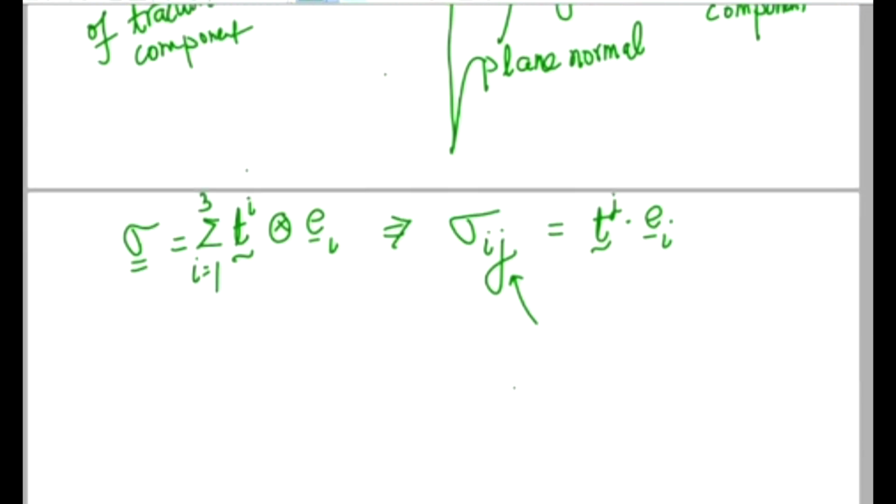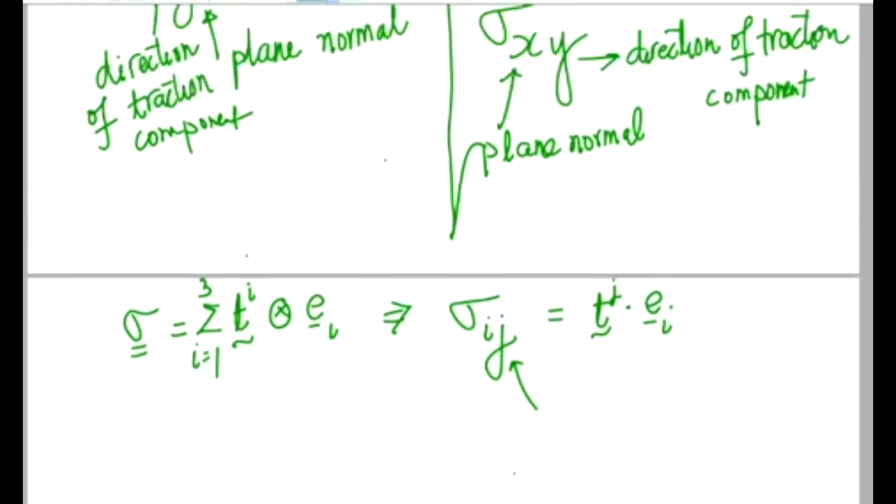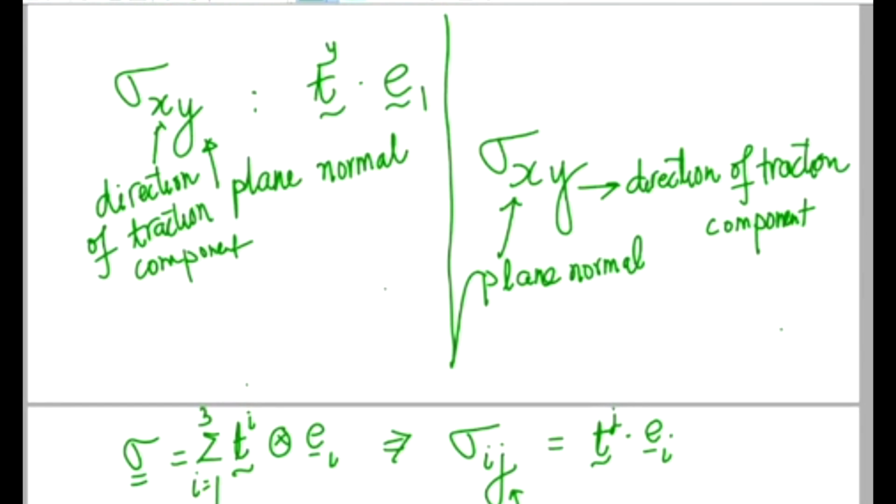You can also use a different definition for denoting tensors and then finally come up with a formula which will be concurrent with the other definition that is on the right hand side. So as I told you, it's all about definition.